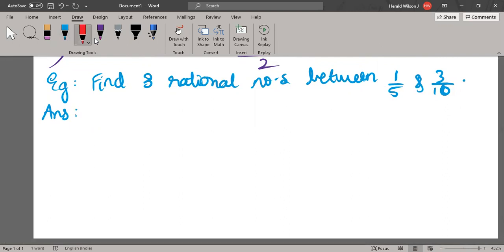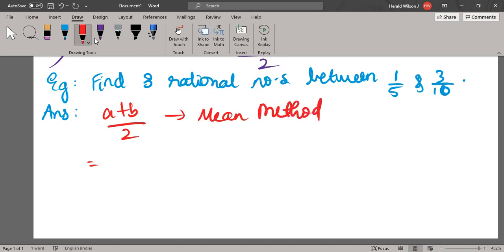Let's come back here. Now we are going to apply the mean method. Here a is nothing but 1 by 5. Clear? So take a, your first rational number, 1 by 5, plus b, your second rational number, 3 by 10, by 2. Now take the LCM of these two.